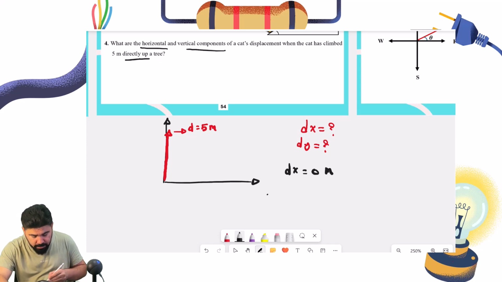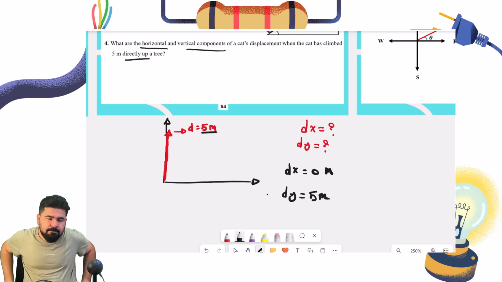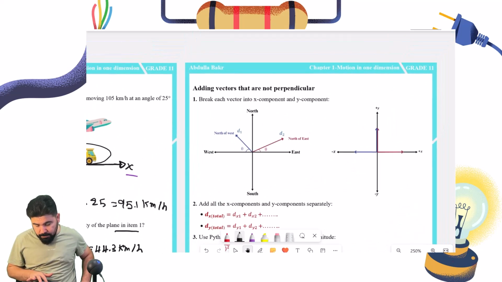Guys, what about dy? It is equal to 5 meters. The cat is going up, so I'm going to take only delta y, or only y. If it was going like this, I was going to take only the x-axis. Careful.